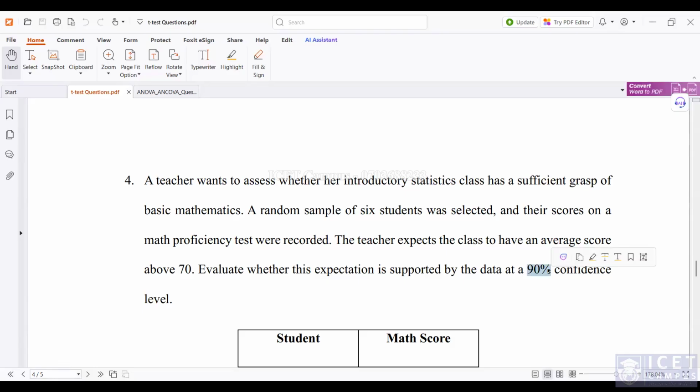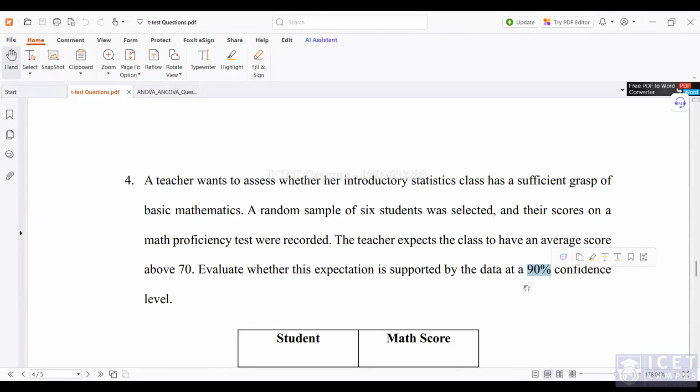Now, this is not a problem, but there is something here that is considered: the 90% confidence interval. 90% means there is an error of 10%. It means 0.1, not 0.05. If it is 90, it means that there is a confidence of 0.90. Earlier, we took a 95% confidence interval, and now only 90%.